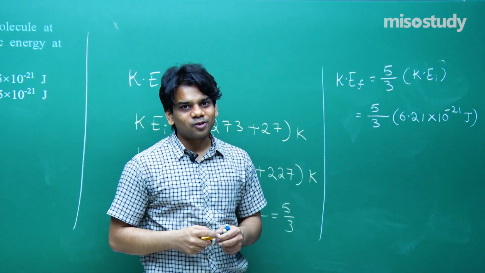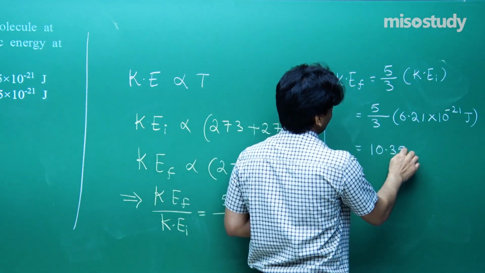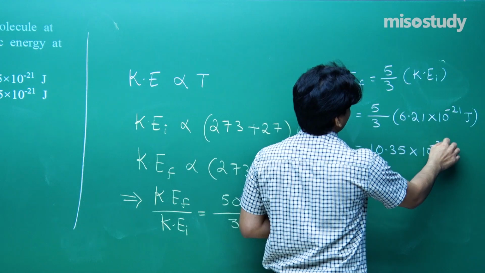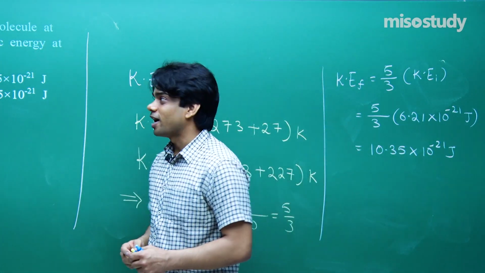Simply you have to make this calculation. This will be approximately 10.35 into 10 to the power minus 21 joules. That is the final average kinetic energy of these gas molecules.